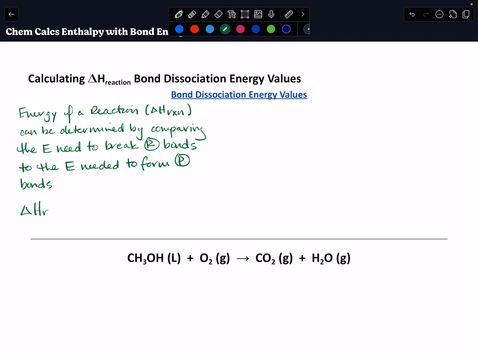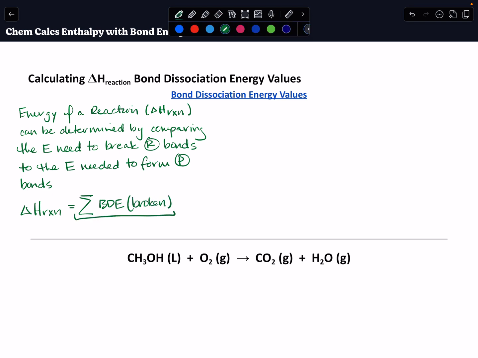The enthalpy change for a particular reaction is going to be equal to the sum of the bond dissociation energy values for your reactants. So these are our bonds. Well, actually, maybe instead of reactants, let me write broken.